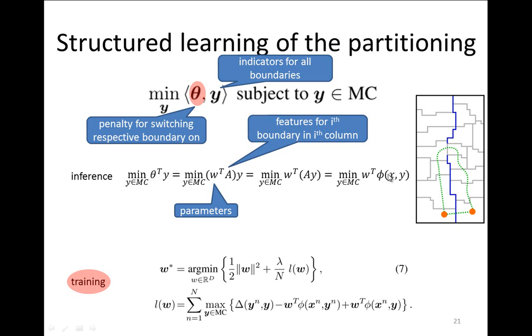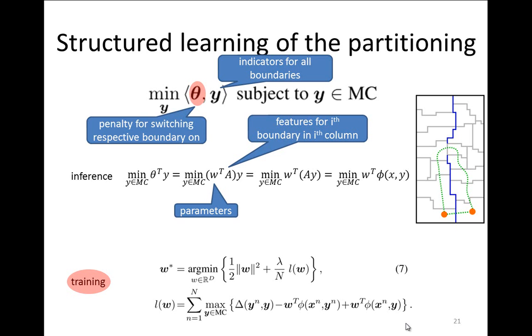So I can express my problem as being linear in the parameters, and I can now learn the parameters by minimizing, again, the sum of a regularization term plus a loss, which is written out here. And this amounts exactly to the structured learning problem that we have discussed.